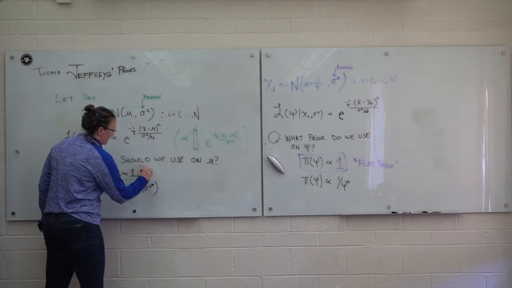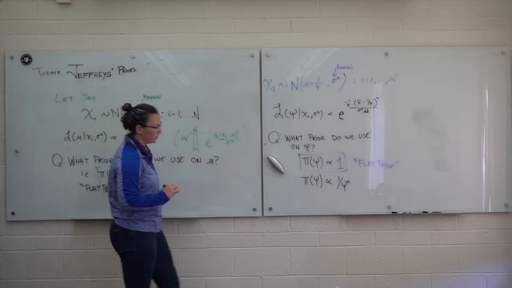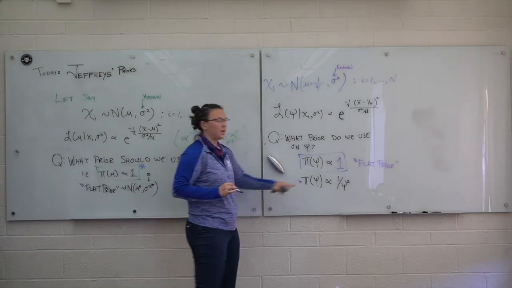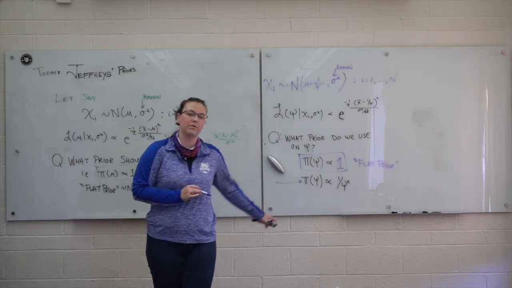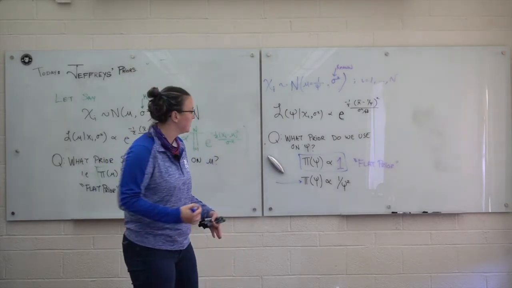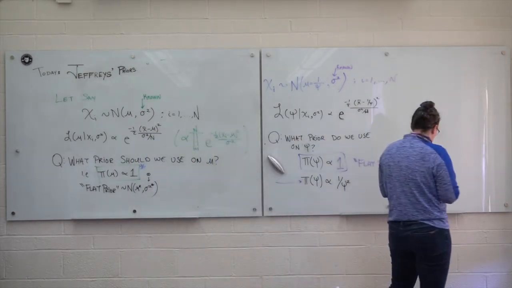Here's the thing though, if you like pi of mu proportional to 1, you should absolutely like the prior for psi to be 1 over psi squared. Why? Because it's going to go through a simple transformation.